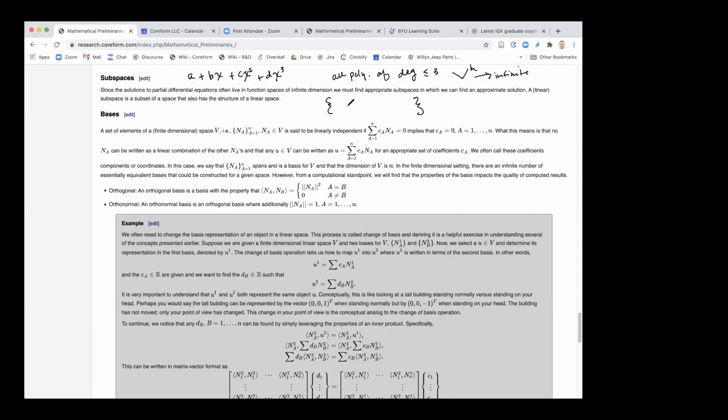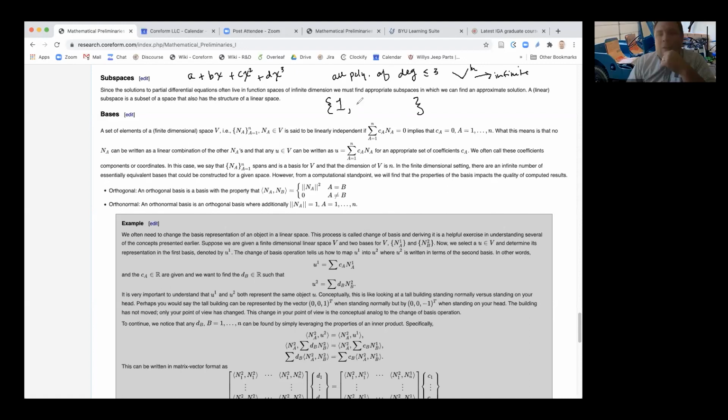Is it not just the Hermite polynomial? Is there like 1, x, x squared, and so on? Yeah, 1, x, x squared, x cubed.